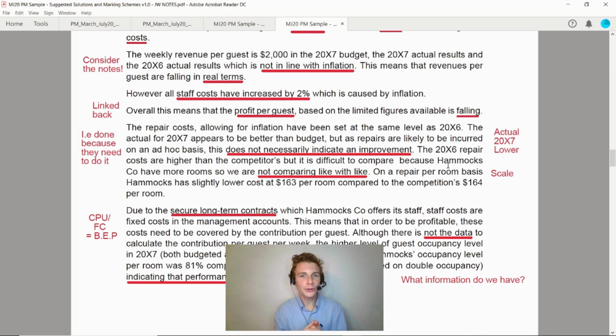I'd have to ask you the question of, would you like £2,000 today or in a year's time? And you must always say today, because if you left that money for a year's time, inflation would have gone up by 2% in this case, and it would have devalued the actual currency. That's what it's referring to in terms of real terms.